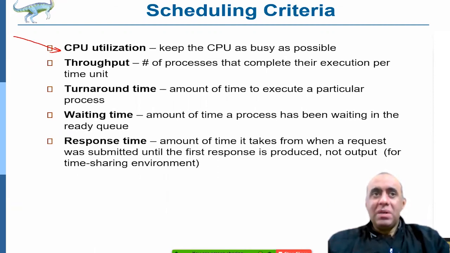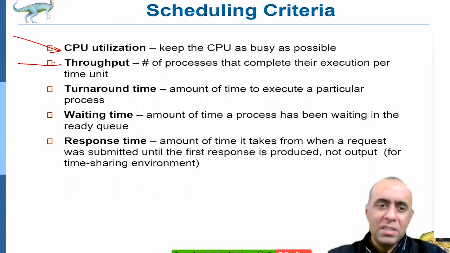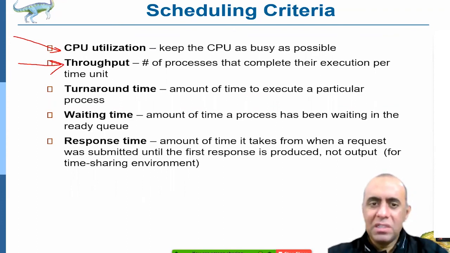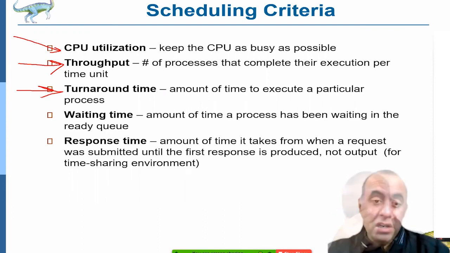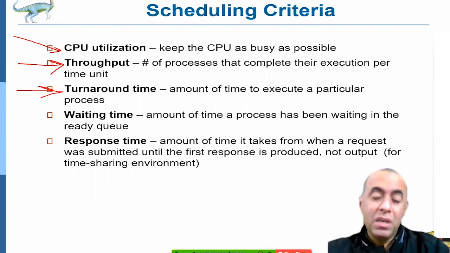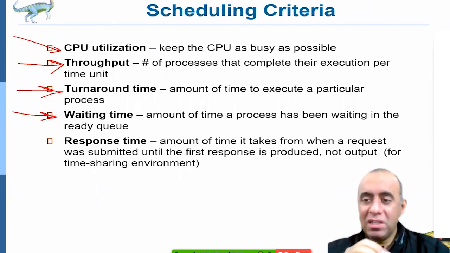and half the time the CPU is busy processing something, right? Throughput is the number of processes executed per unit time. Similarly, turnaround time is the time taken by a process to finish execution, and we want to minimize this. Waiting time is the amount of time a process waits in the ready queue.